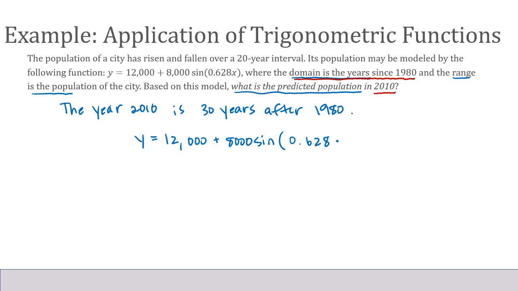So I'm not going to use an input for x of 2010. I'm going to use an x value of whatever 2010 minus that 1980 start point was. So I'm going to use an x value of 30. This represents 30 years after 1980, so I'm going to put 30 in.